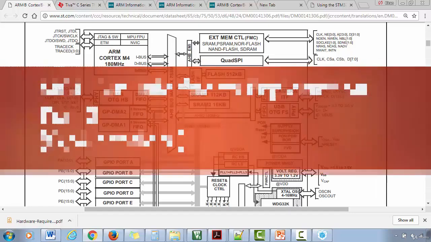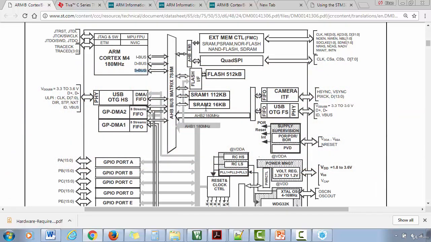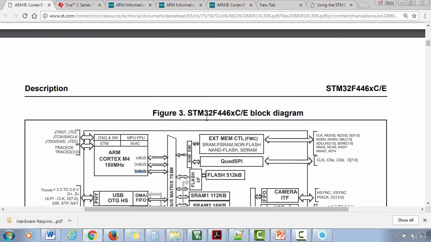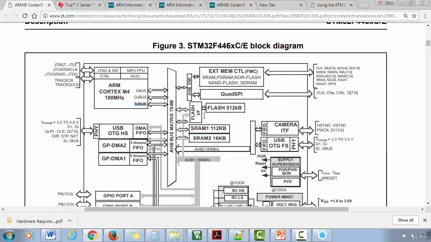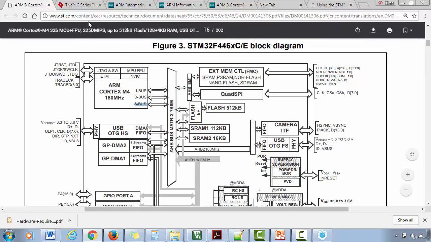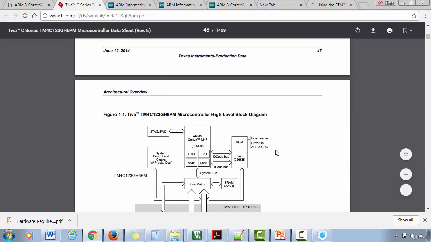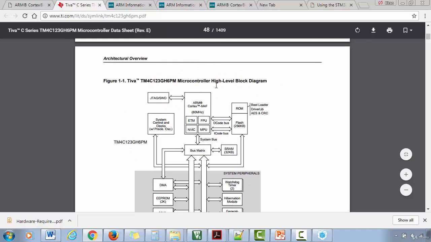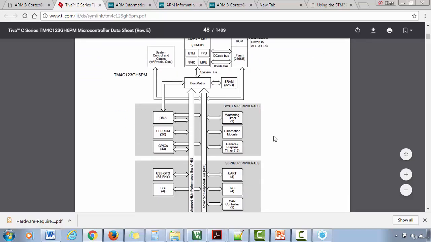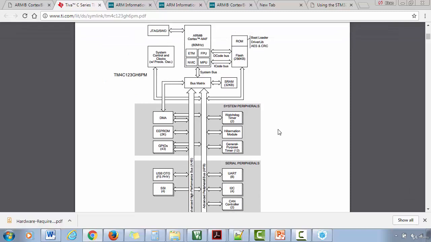So in the previous lecture, we explored the MCU block diagram in the case of the STM32F4 series of microcontroller, as well as a high-level block diagram of TI's series of microcontroller. And as I said, if you have any other microcontroller from different vendors, then you just go and check in your datasheet or reference manual to understand the block diagram.